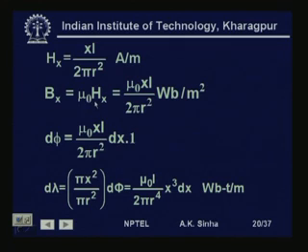So, mu 0 Hx is equal to mu 0 x into I by 2 pi r square Weber per meter square.